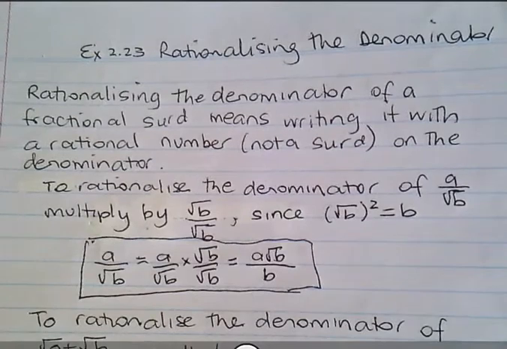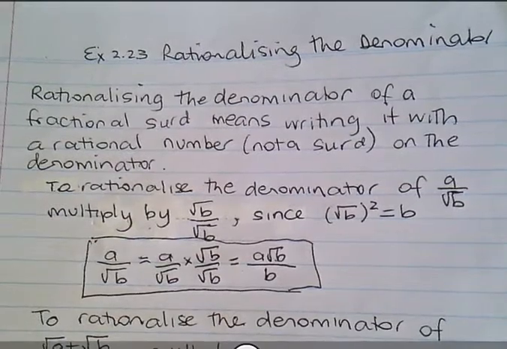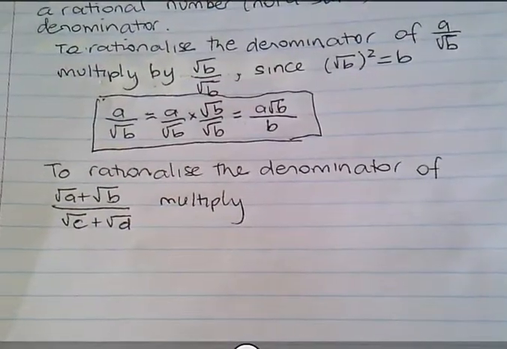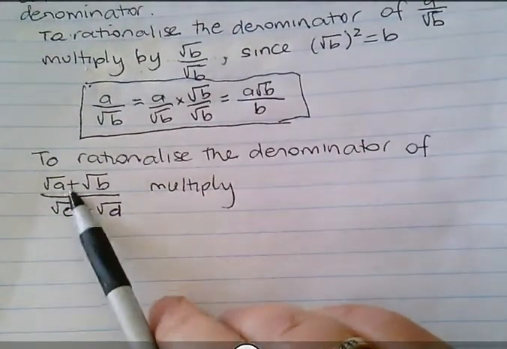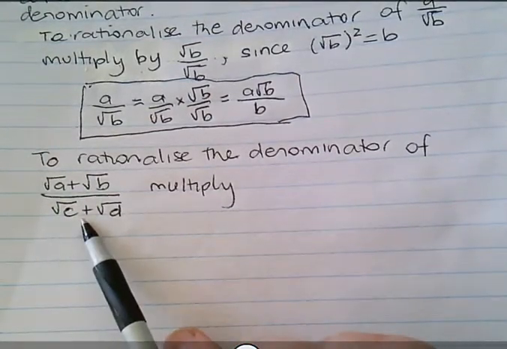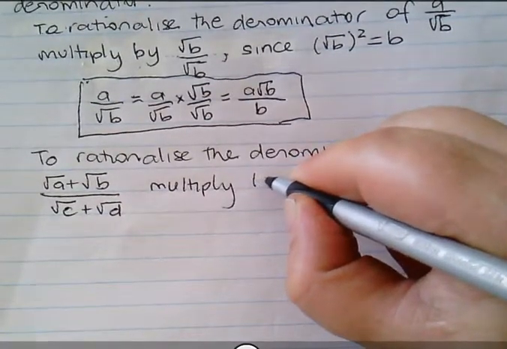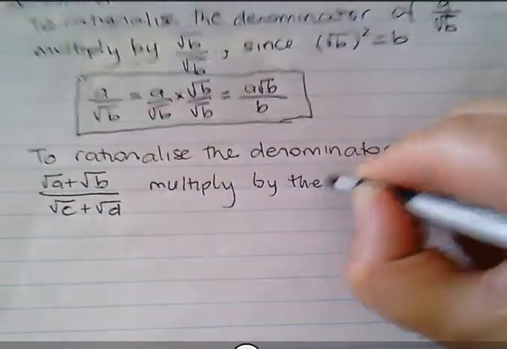Okay? Now that's the easiest type of denominator to rationalise, but often the denominators are not in that form. So to rationalise the denominator of something like this, in this format, a plus root b over root c plus root d, we multiply by the conjugate surd.